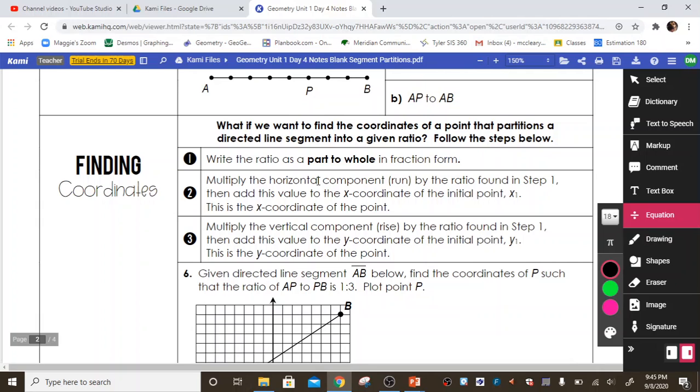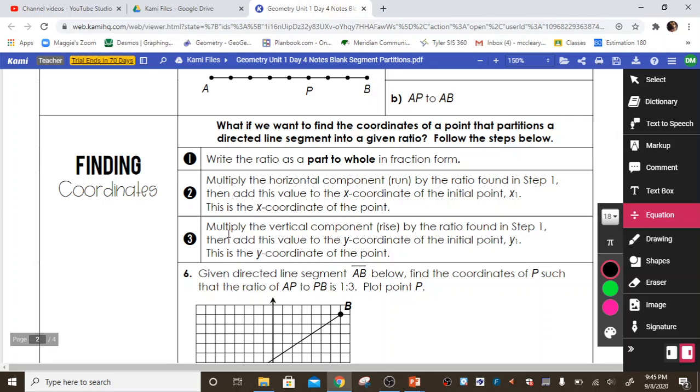Then we're going to deal with our x value and our y value separately, but we're going to do them exactly the same way. So just don't get your x's and your y's mixed up and everything's going to be fine. So we're going to multiply the run by this ratio that we just found in part 1, and then we're going to add that to our initial point x coordinate. And this is going to be the x coordinate of the new point.